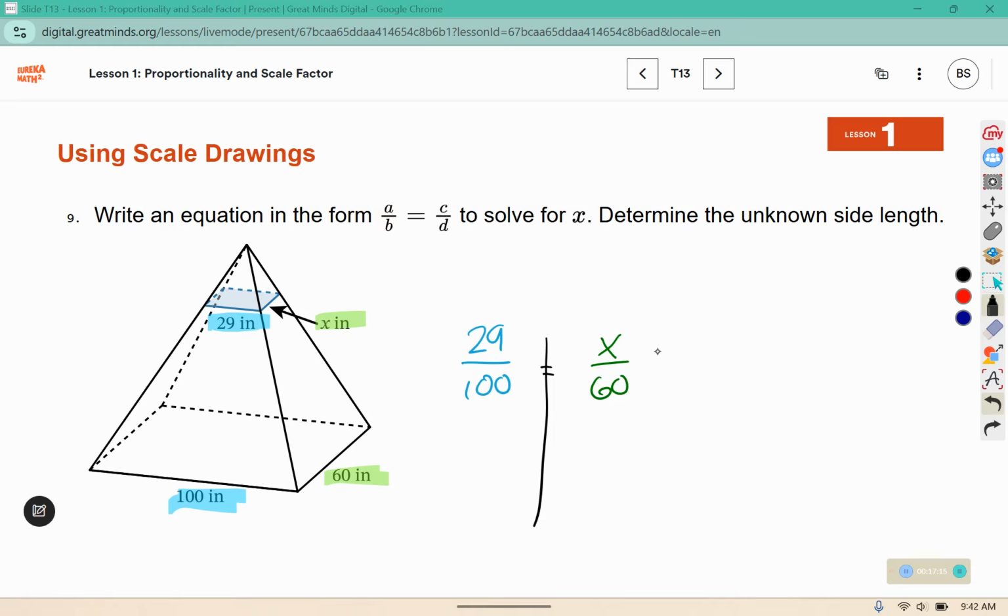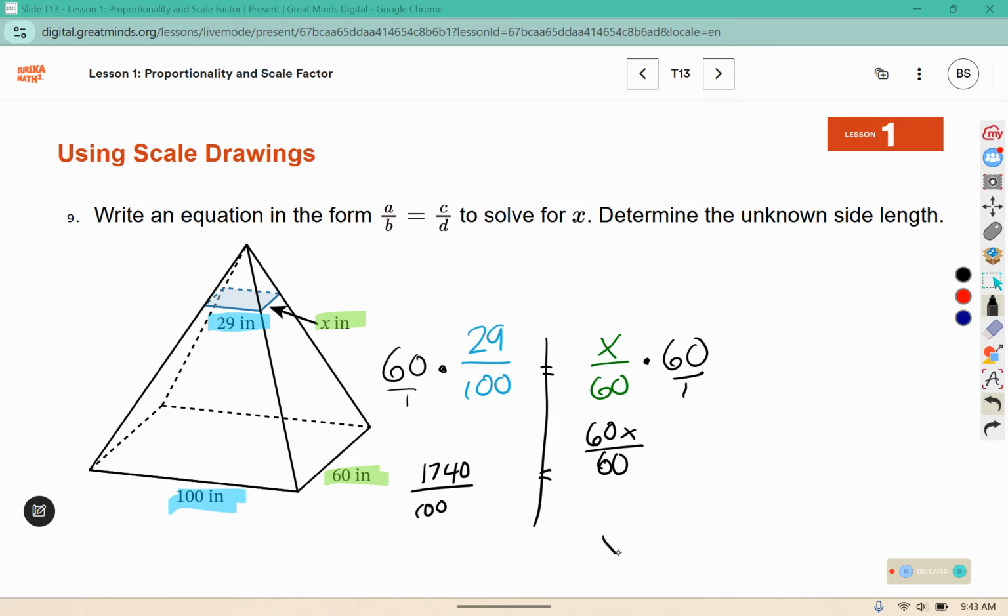X is being divided by 60, so we're going to multiply by 60 on both sides to undo that. Sixty times x is 60x. 60 times 1 is 60. 60 times 29 is 1,740. And 1 times 100 is 100.